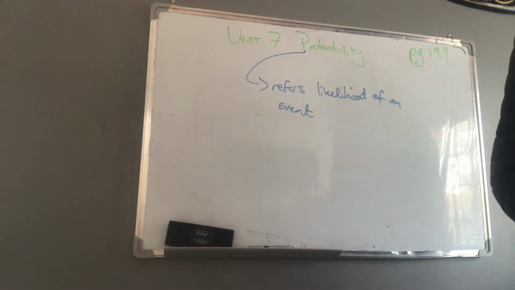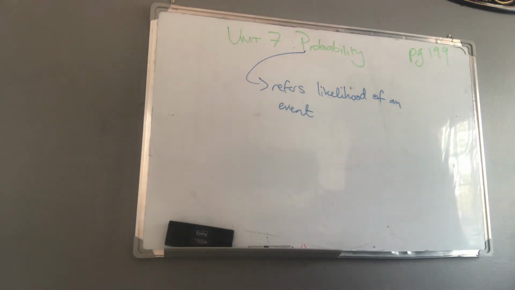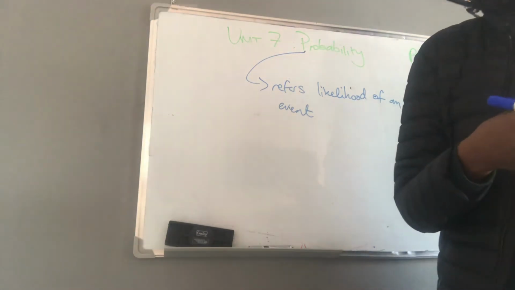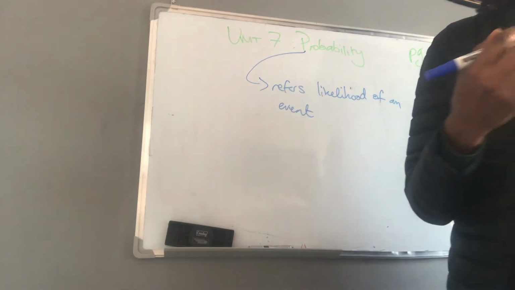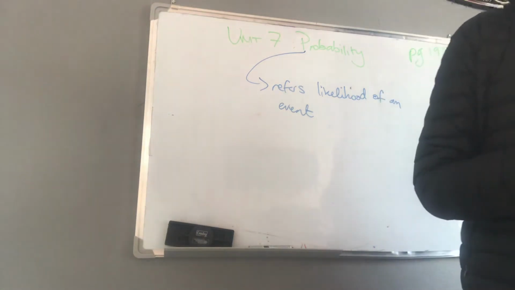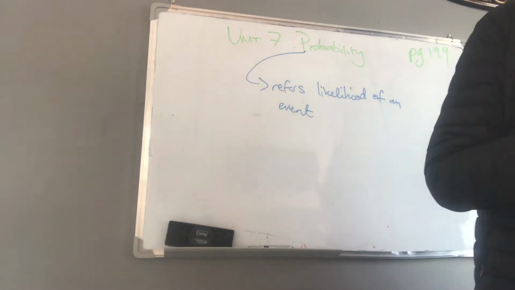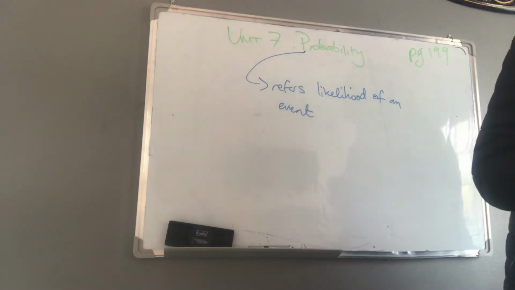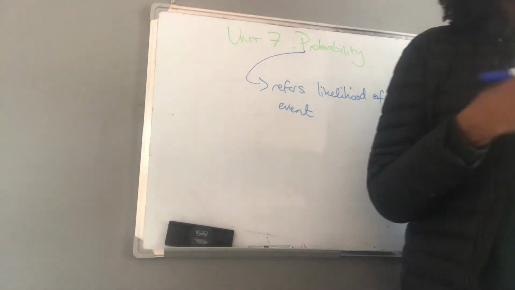So an experiment in probability refers to an activity which involves observing and recording results. So we call certain things trials. A trial is considered when you roll the die once.